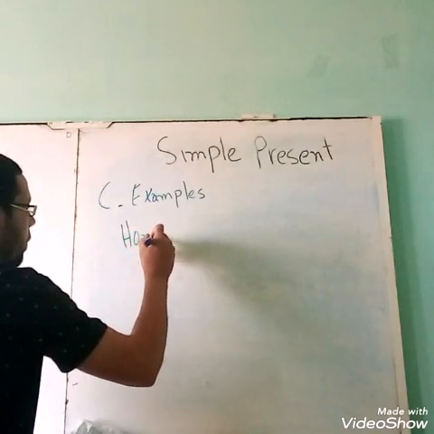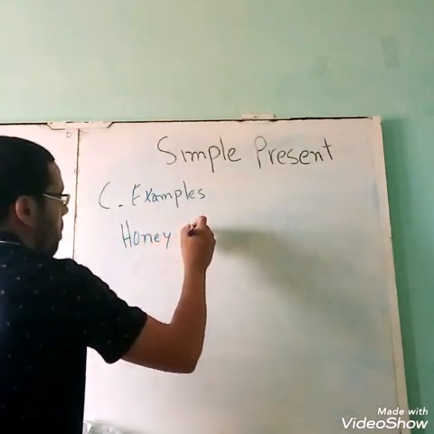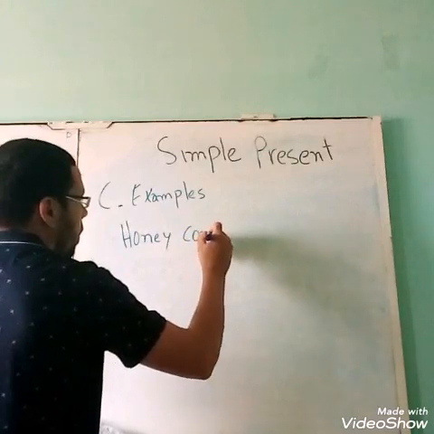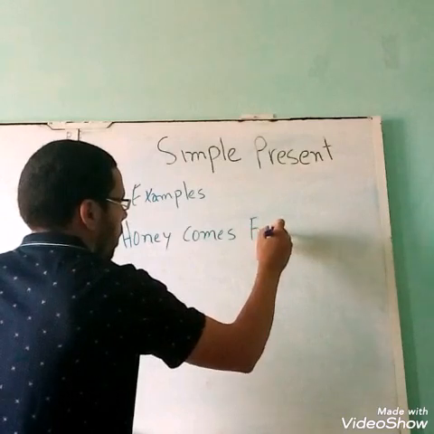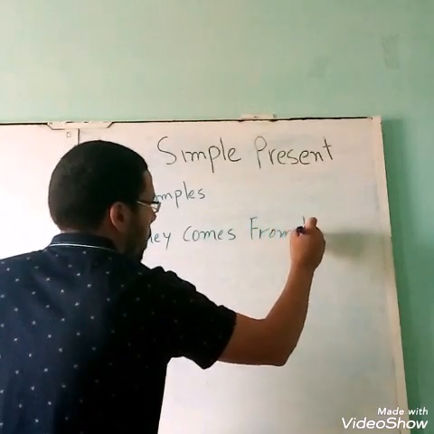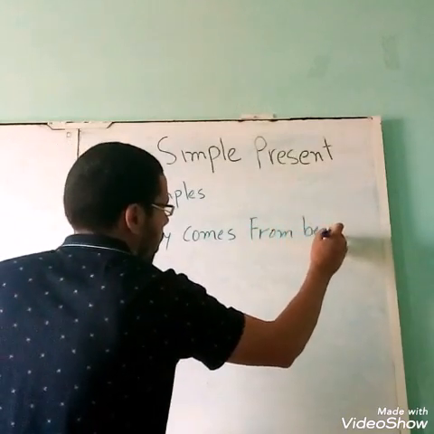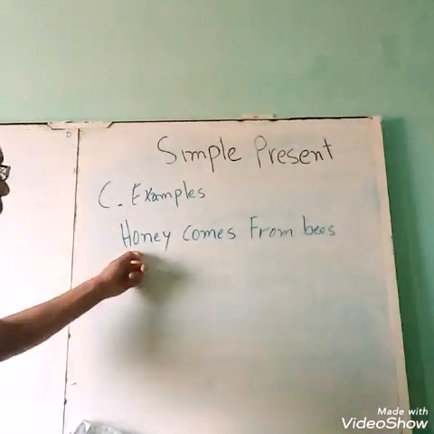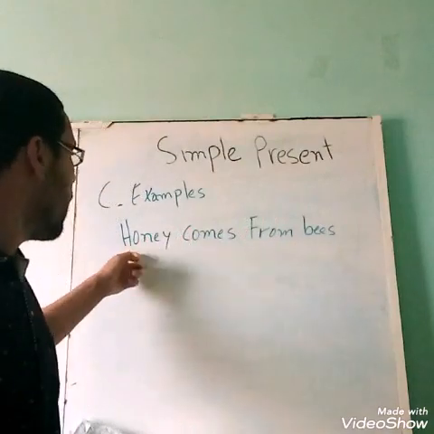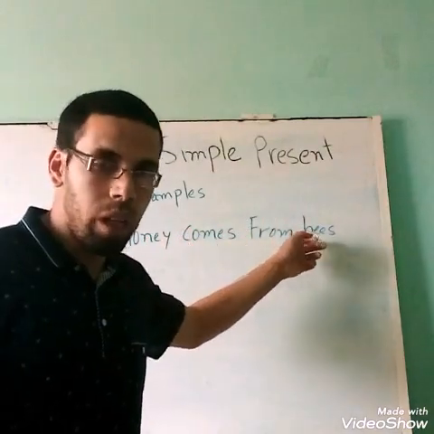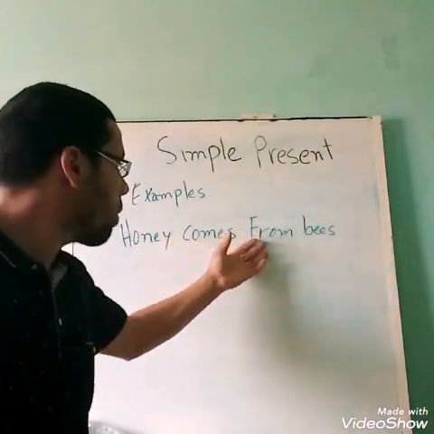Okay, this is the sentence. Honey comes from bees. Okay, in Arabic, العسل يأتي من النحل. Okay, honey comes from bees.